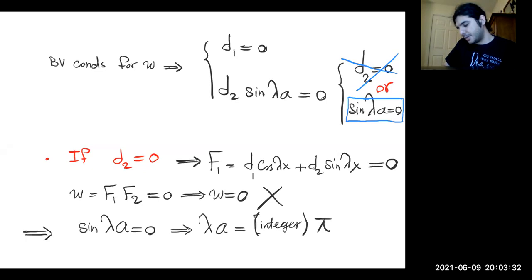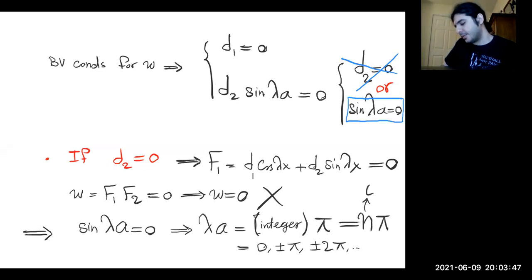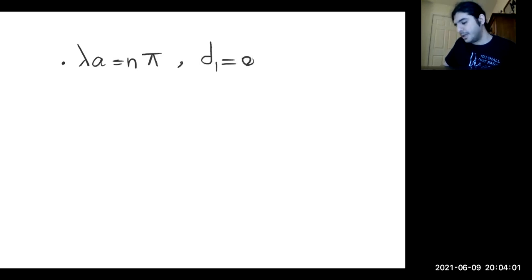So it can be something like 0, plus minus pi, plus minus 2 pi, plus minus 3 pi, etc. So in general, I would just show it with n pi, where n is an integer. It's something in Z. So the final result here is that lambda A is equal to an integer times pi, and D1 is equal to 0. And we didn't find any condition on D2. One condition was telling us D2 is equal to 0. We did not accept that condition. At this point, there is no condition on D2.